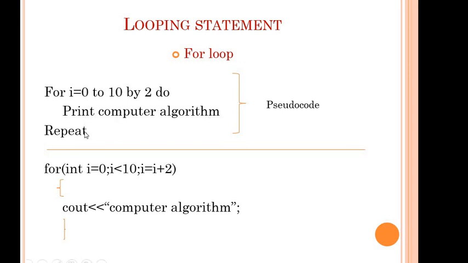So in this way, the for loop is given in the pseudocode. For I equal to 0, we have to use the word to give the condition, followed by the word by to give the increment, and then we have to use the word do to explain that the following statement has to be carried out if the condition is true.